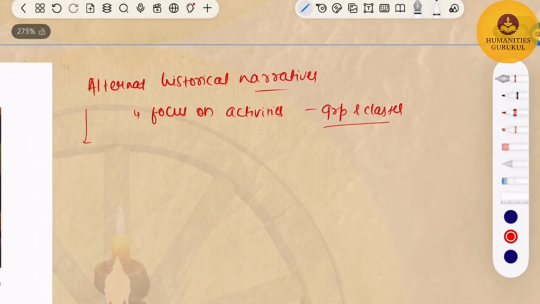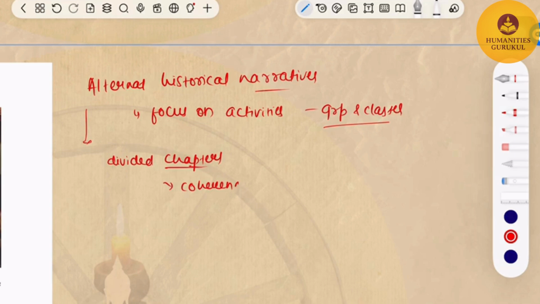History, just for our convenience, is often divided into chapters. Why? Just to provide coherence and structure to narratives.